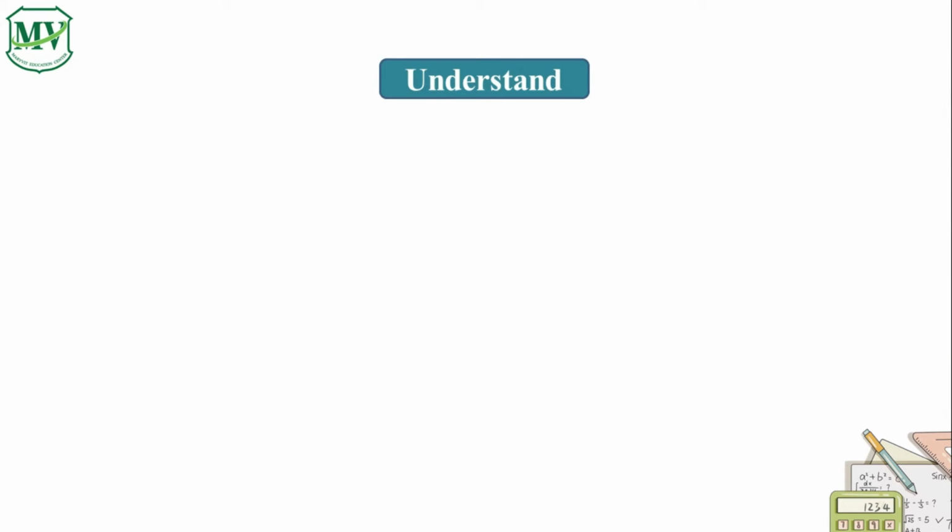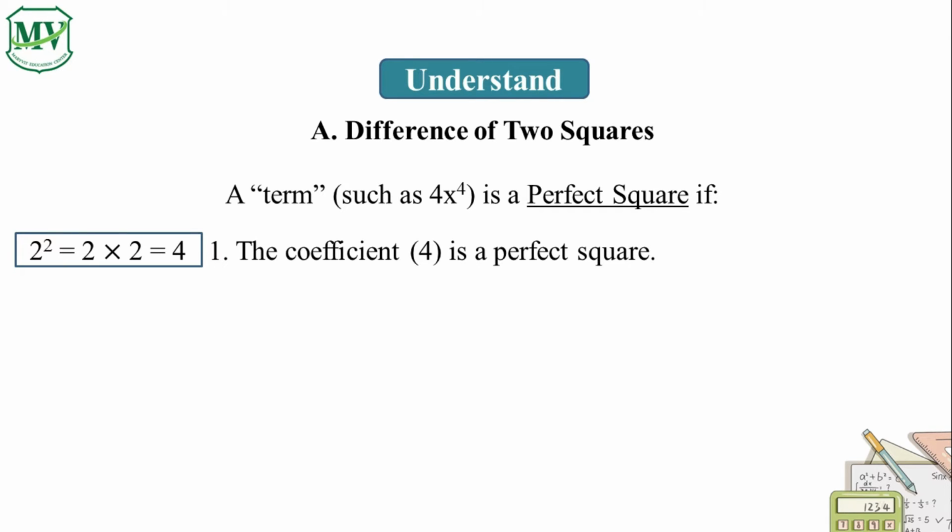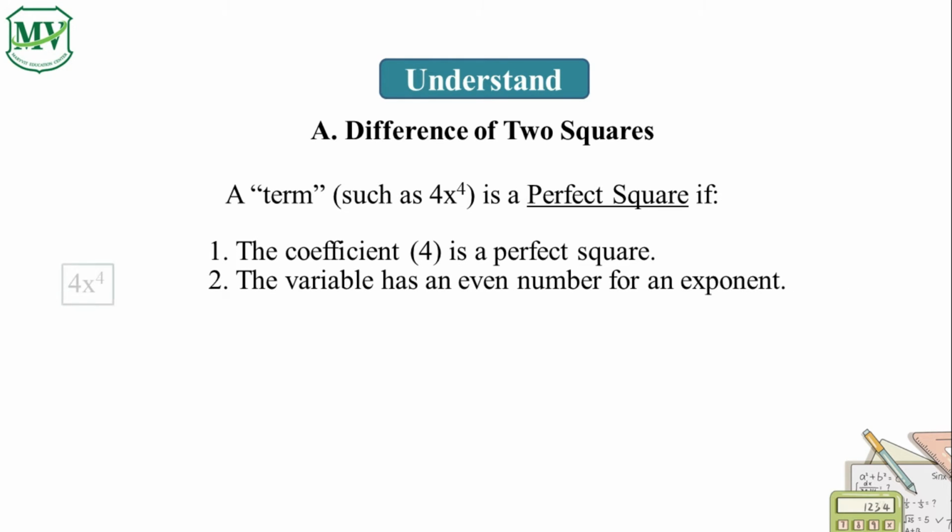Now, let's try to understand the difference of two squares and how it works in factoring polynomials. A term such as 4x to the fourth power is a perfect square if, number 1, the coefficient 4 is a perfect square; and number 2, the variable has an even number for an exponent.